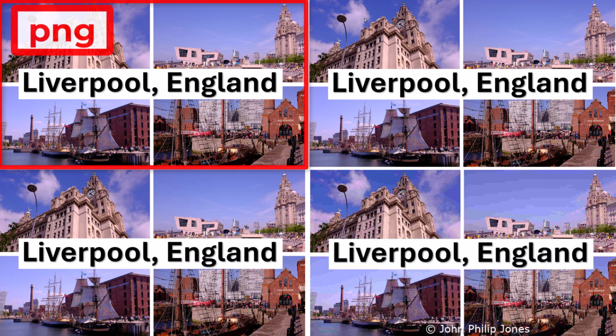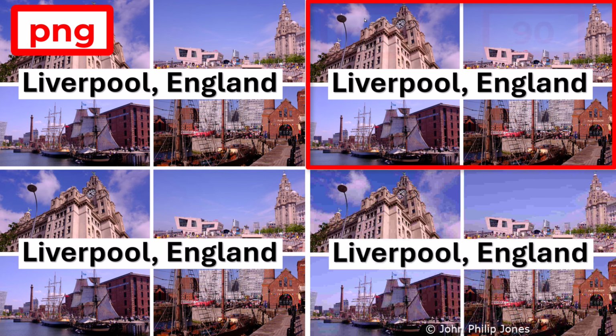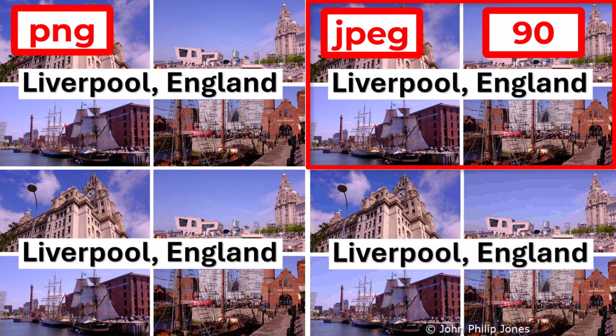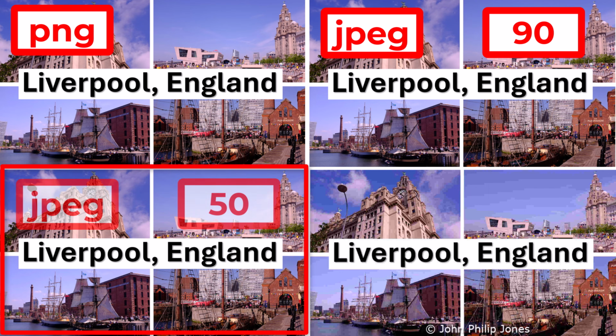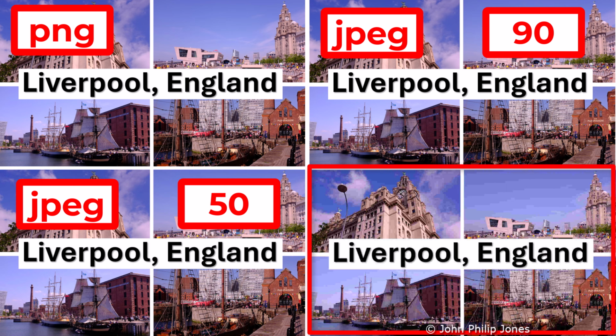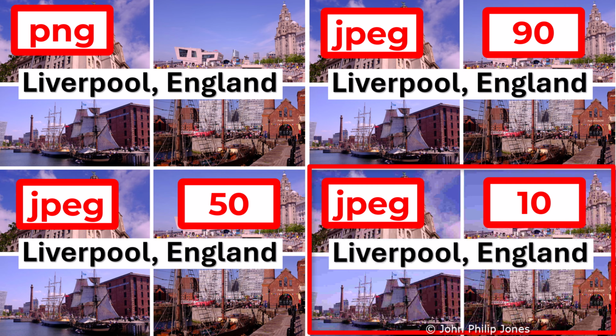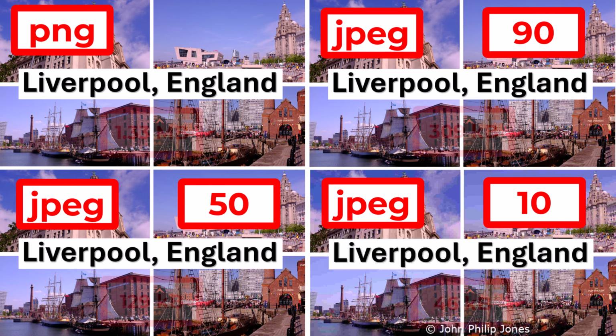This is the PNG file. This is the JPEG where the quality was set to 90. This is the JPEG where the quality was set to 50. And this is the JPEG where the quality was set to 10. Now the file size of each of the images is coming into view.